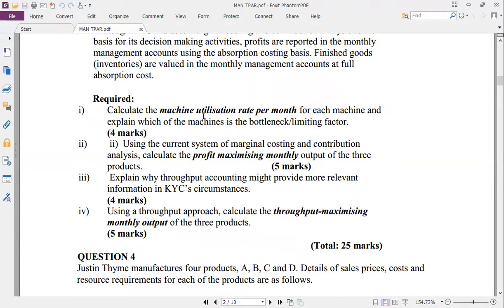Calculate the machine utilization rate per month for each of the machines and explain which of the machines is the bottleneck or limiting factor. When they ask for machine utilization rate, it is nothing but what you need over what you have.